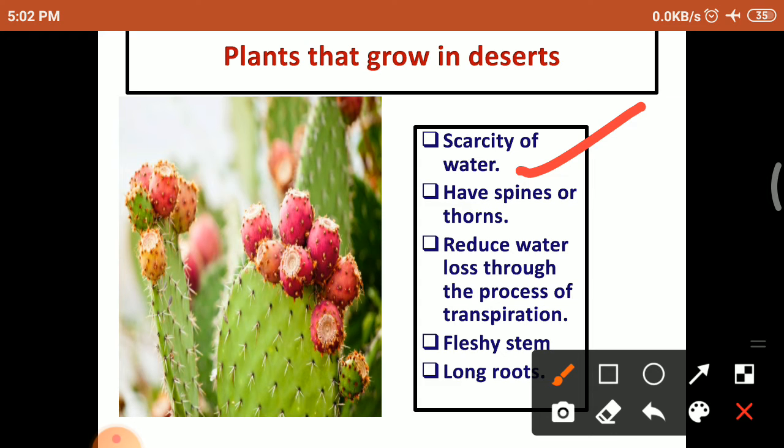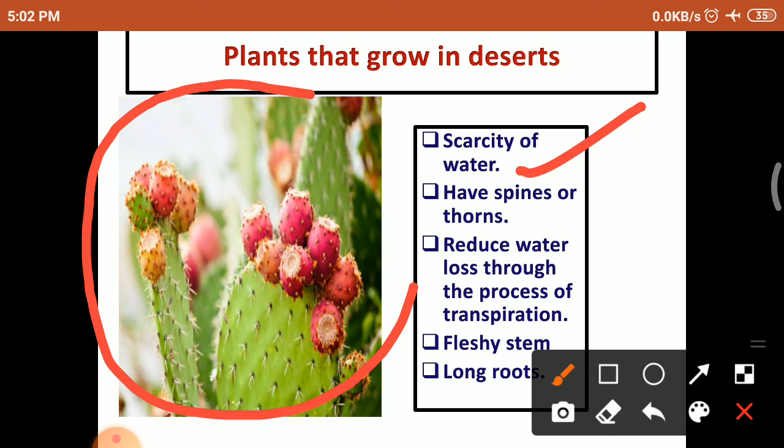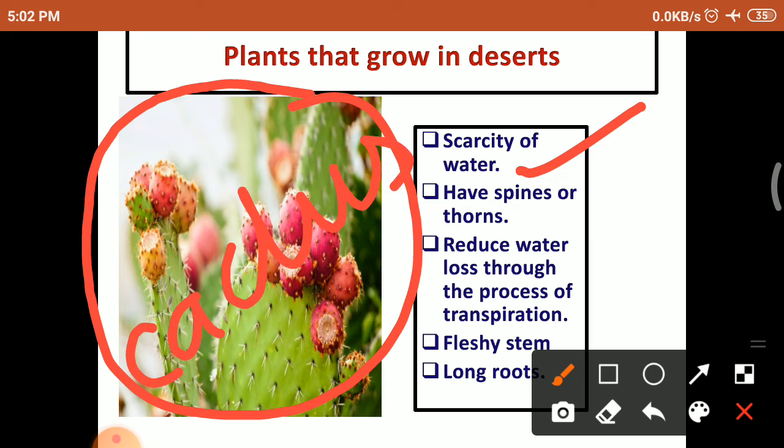If you take the plant that is grown in desert, this is a cactus plant. It is grown in desert and it has spines or thorns. See here, this is a thorn. Why does it have spines and thorns?